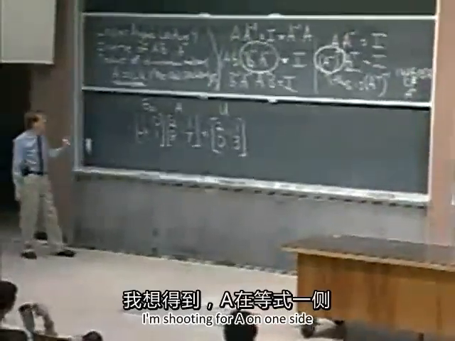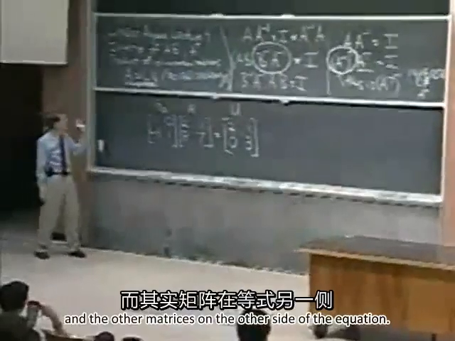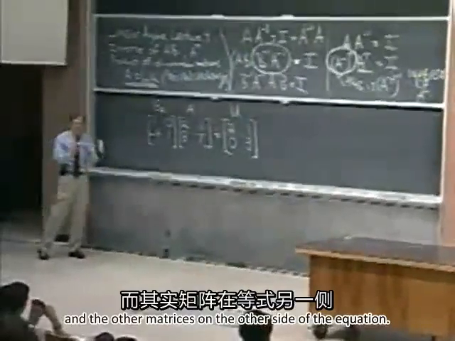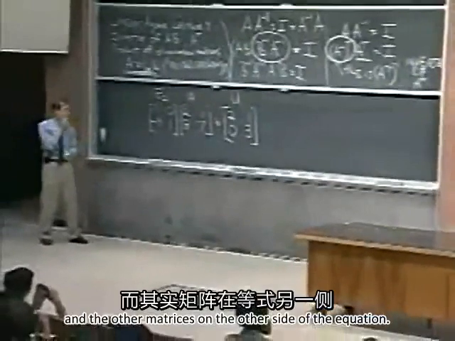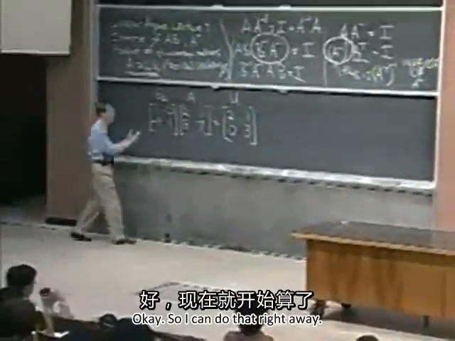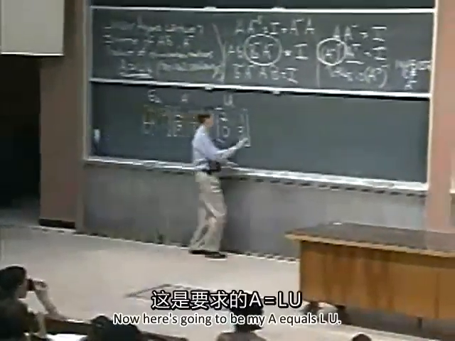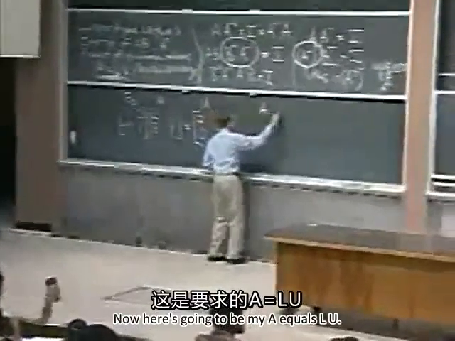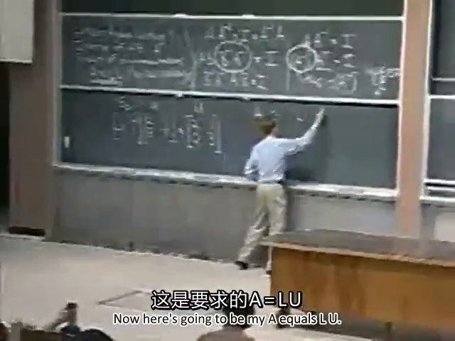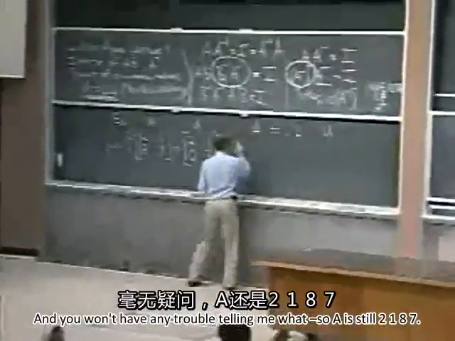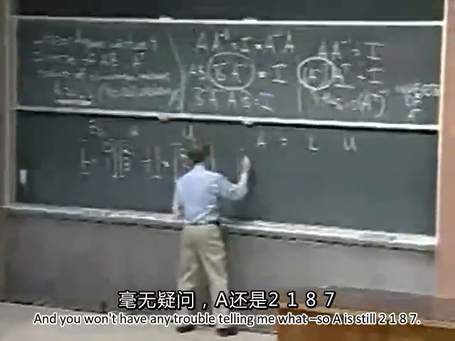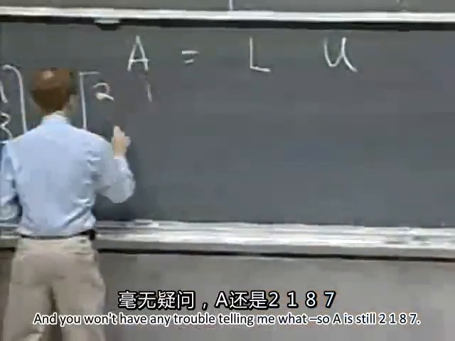You see the difference between this and what I'm shooting for. I'm shooting for A on one side and the other matrices on the other side of the equation. So I can do that right away. Now here's going to be my A equal LU, and you won't have any trouble telling me what. A is still 2, 8, 1, 7.